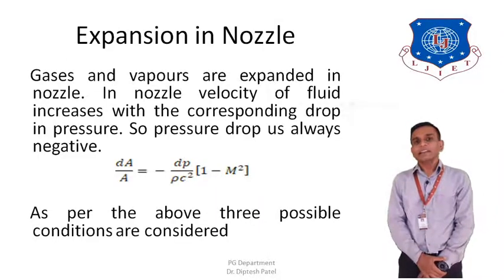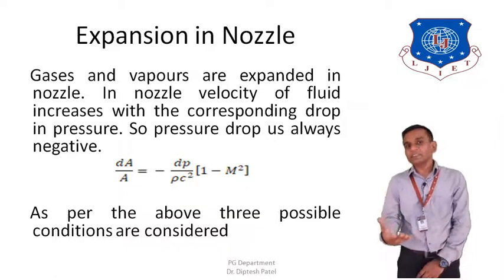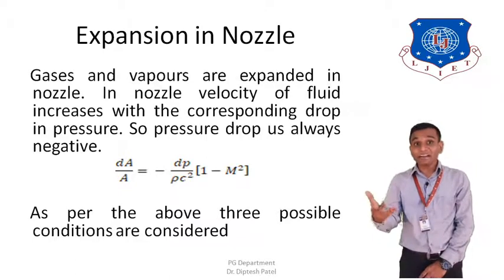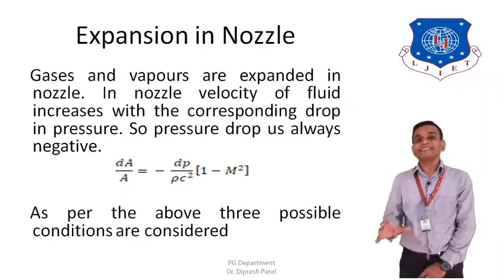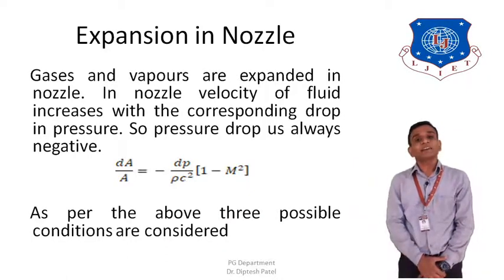Now let's see how the expansion in a nozzle takes place. Since we have considered compressible flow, that means gases and vapors, they get expanded in nozzles, and in the nozzle the velocity of the fluid increases while the pressure is reduced during the expansion.